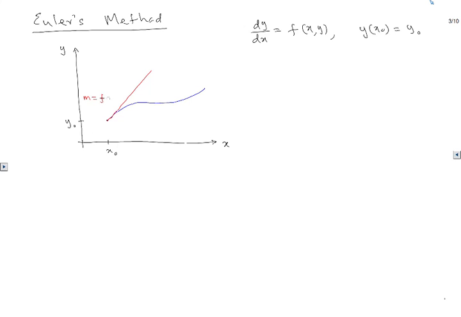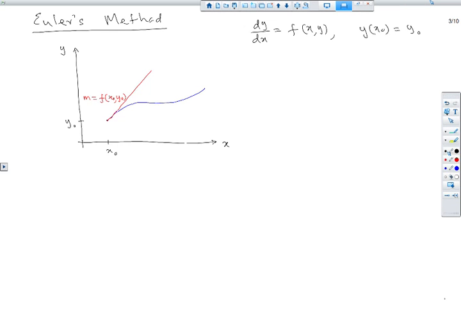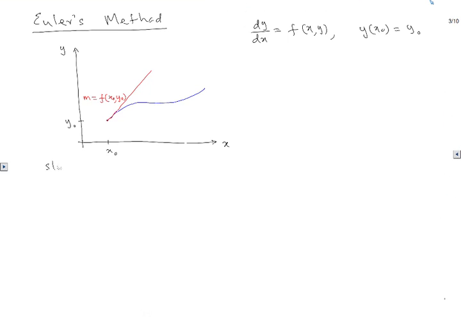That means the slope is simply f(x0, y0). So we know the slope and we know the point, so we can use the slope-point form to find the equation of this line. The slope-point form is y minus y0 equals the slope times x minus x0.